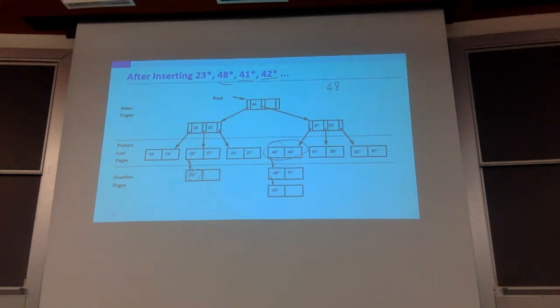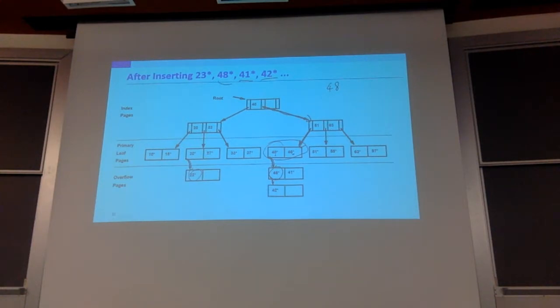We first follow this link, then this link, and we end up at a page with overflow pages. We need to search every overflow page until we find the match. We look here and here, no match. Then we follow this link to the overflow page, and we find the match here. That means we found the 48 entry.